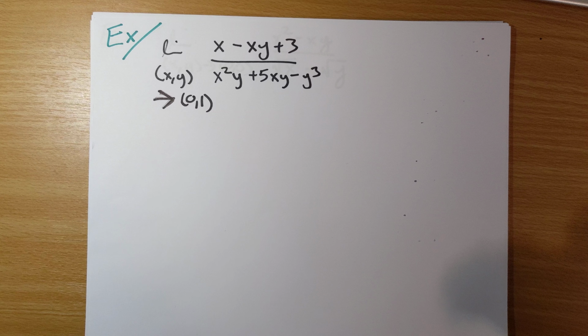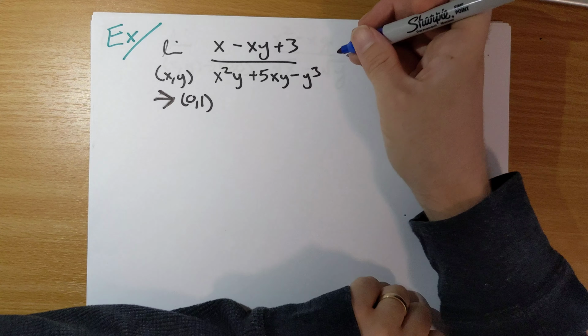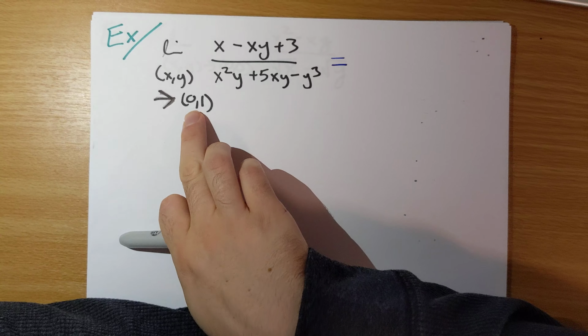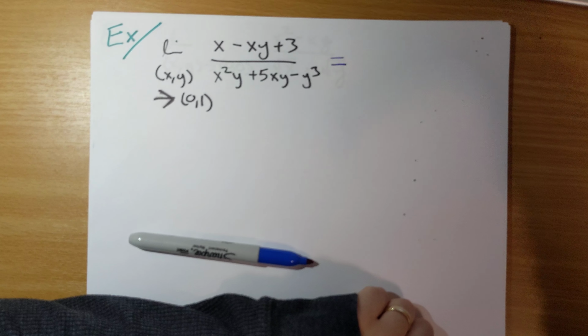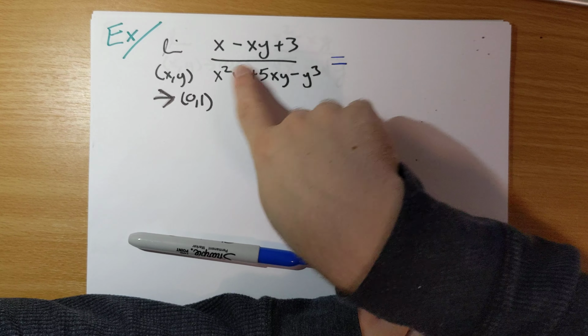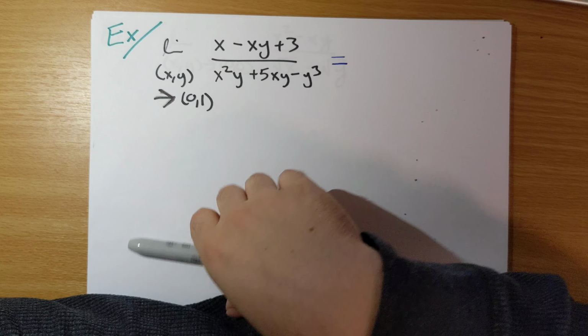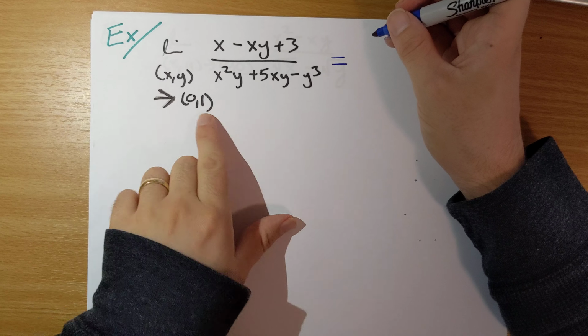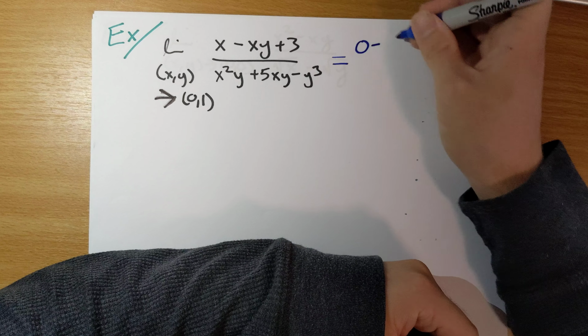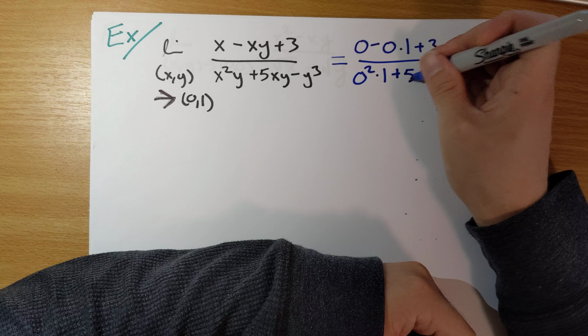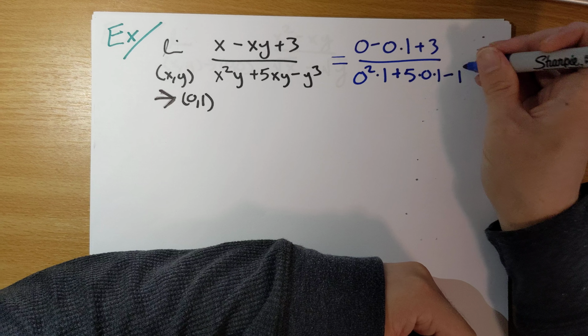we can simply evaluate this limit by substitution. Everything is going to be behaving. The reason this all works is that the denominator is not going to equal 0. So we plug in x is 0, y is 1. We're substituting in 0 minus 0 times 1 plus 3, over 0 squared times 1 plus 5 times 0 times 1 minus 1 cubed.